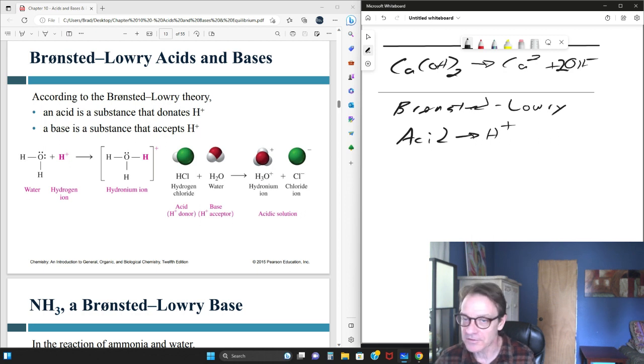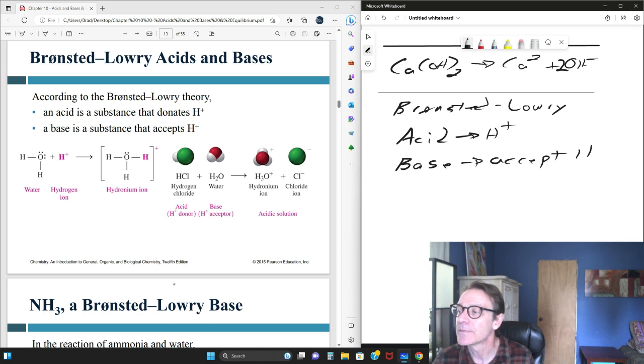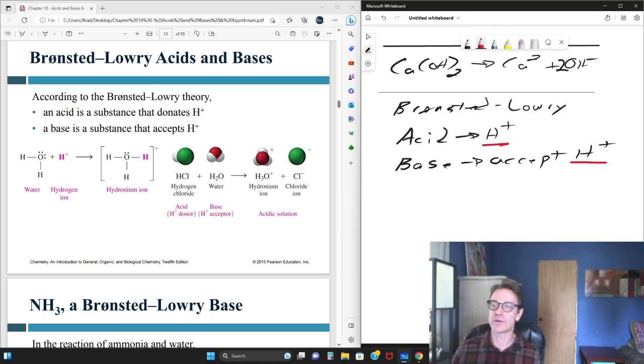Okay, this looks familiar, right? And a base is something, this is where it changes, it accepts that proton. Okay, instead of the hydroxy, we're just looking at donators and acceptors of protons.